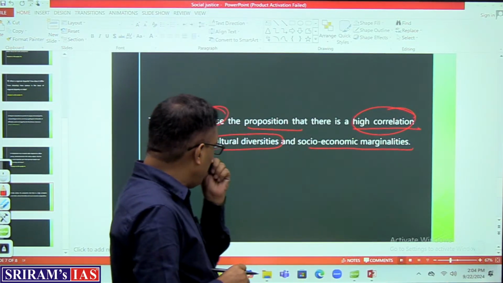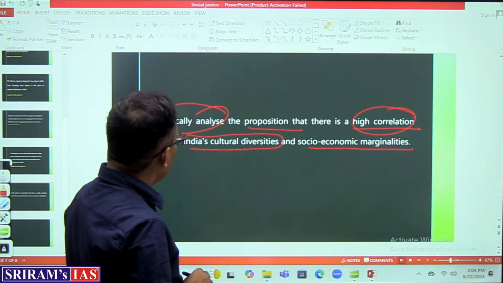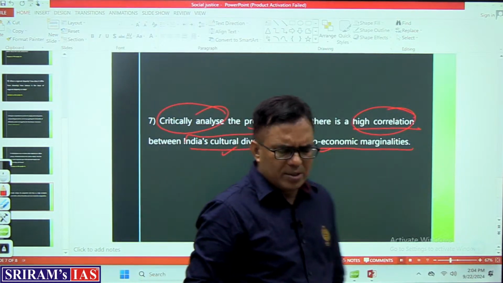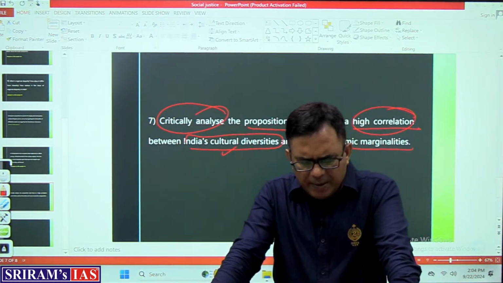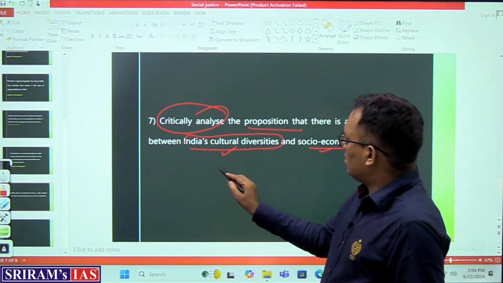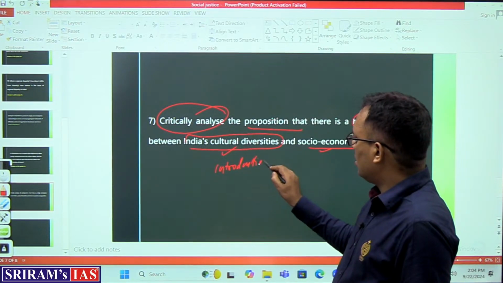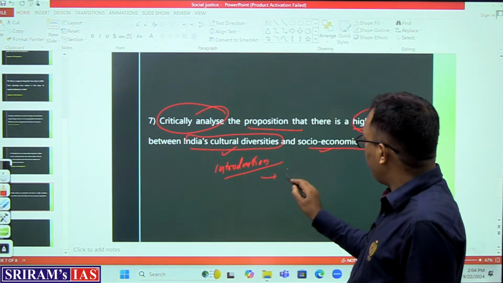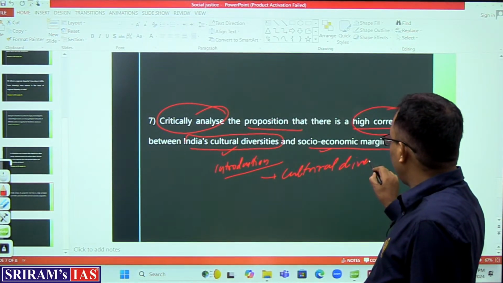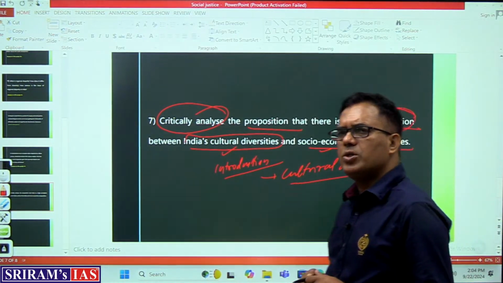What can we do over here first? Cultural diversity, you can start from here. There are two keywords, and the beginning, the introduction, could start from the keyword cultural diversity, with a definition.